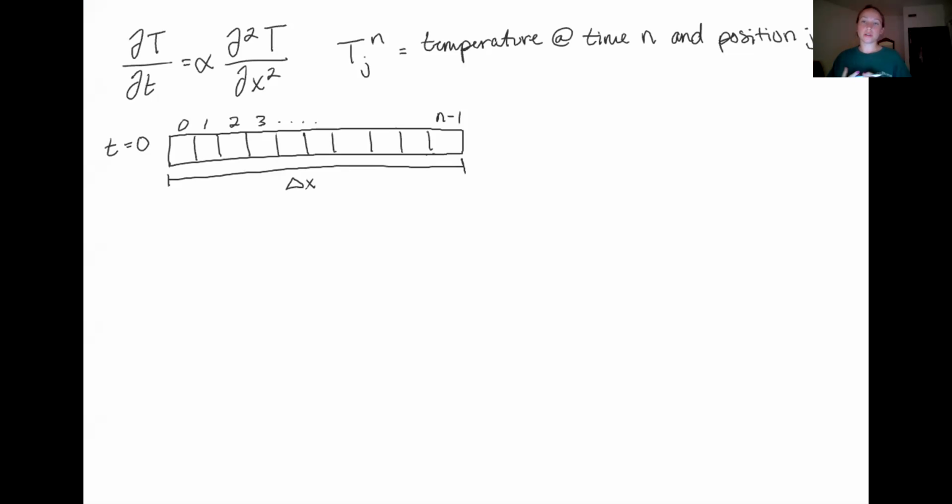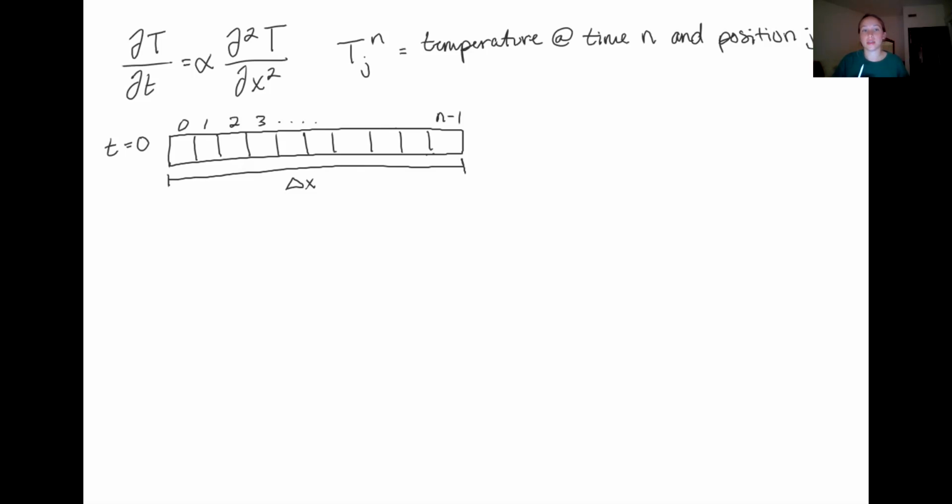Okay, so I have written out here, again, von Neumann's stability analysis, the partial differential equation, which is the basis of what we're doing. And then I also have a drawing of the bar that we keep mentioning. You can see that the bar is split up into multiple sectors, and each sector is representative of an increment of position.